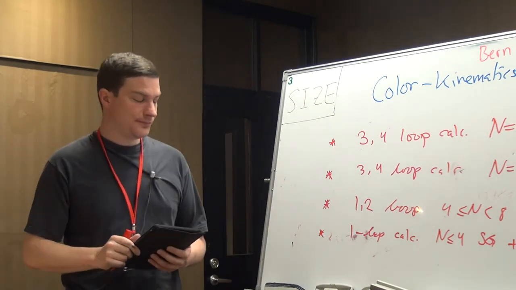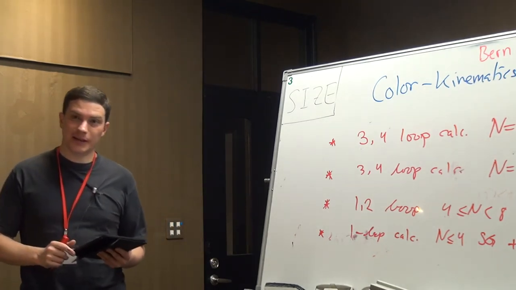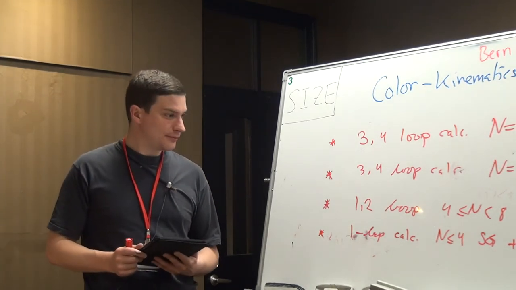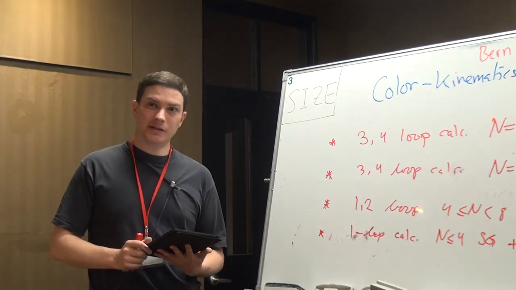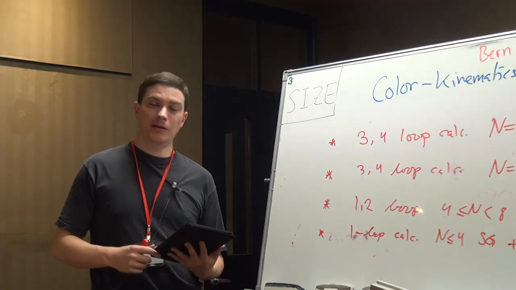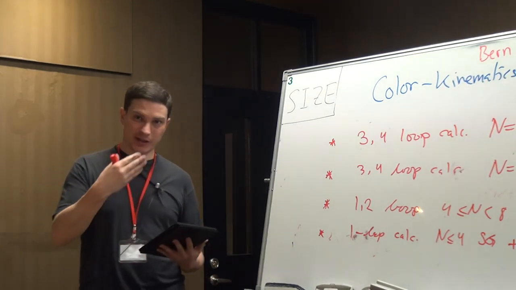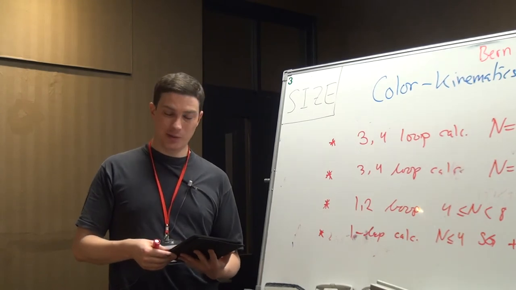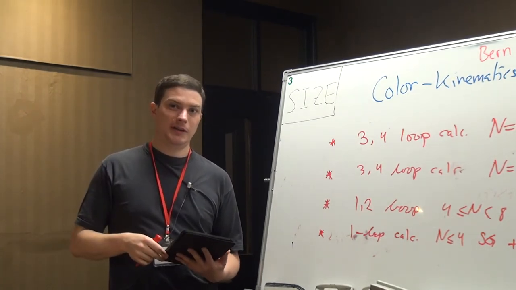This is not something we looked at. We always consider small or soft, not hard, external particles, and then we look just at the ultraviolet divergences in the loop expansion. We never looked at when we actually have hard external particles.